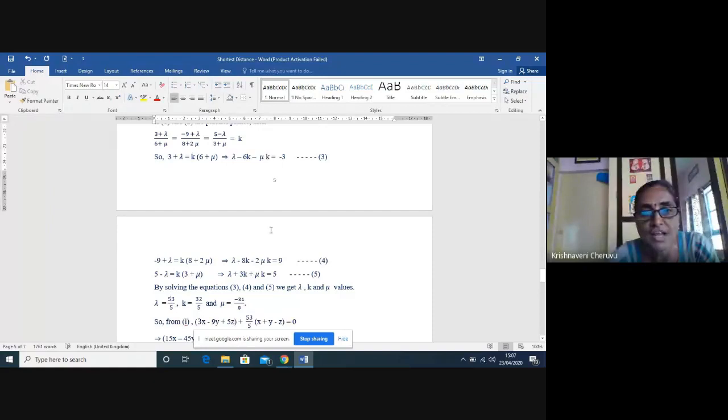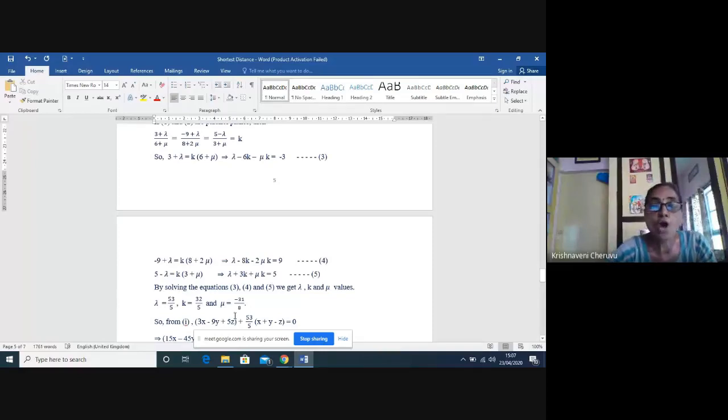And again from 3 and 4, after multiplying 3 with 2, you can subtract equation 4 from it and mu k will be eliminated. Finally, you'll get two equations in lambda and k. Solve them to get the lambda value and k value. And using the lambda and k values in any one of these equations, you can get the mu value.